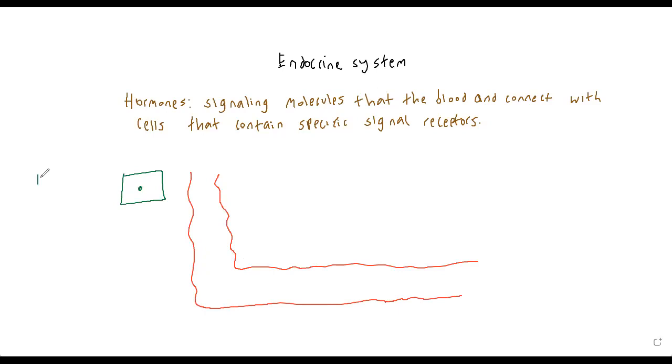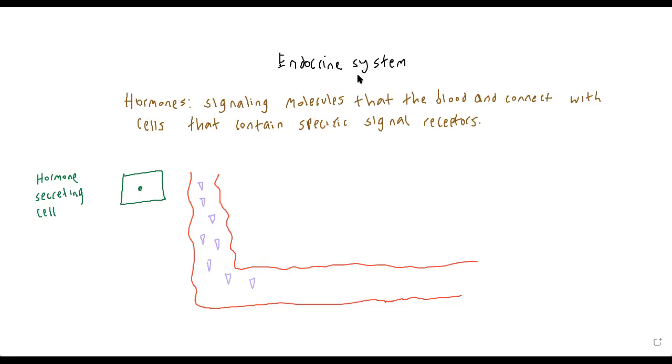This is a hormone secreting cell, an endocrine cell. For teaching purposes, it's going to secrete a signaling molecule that has a specific shape. They do have specific shapes, but not like triangles.